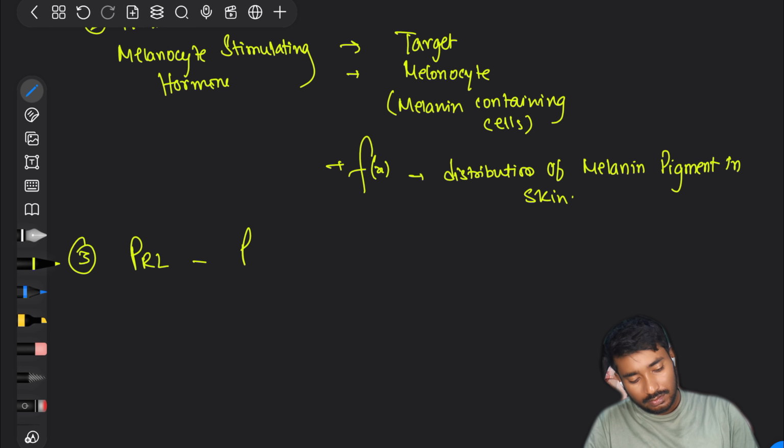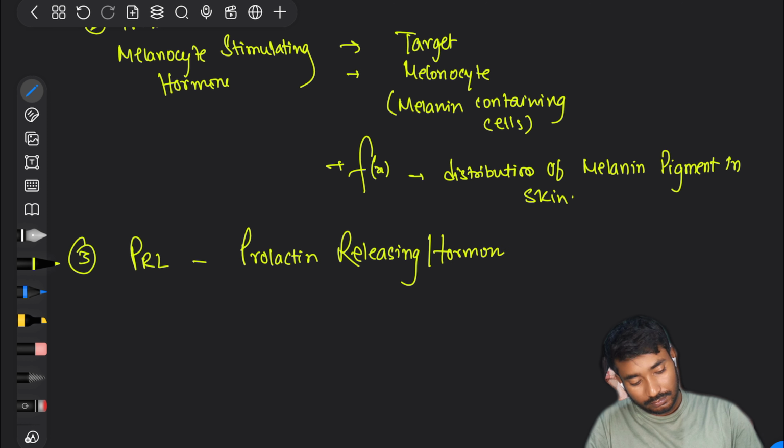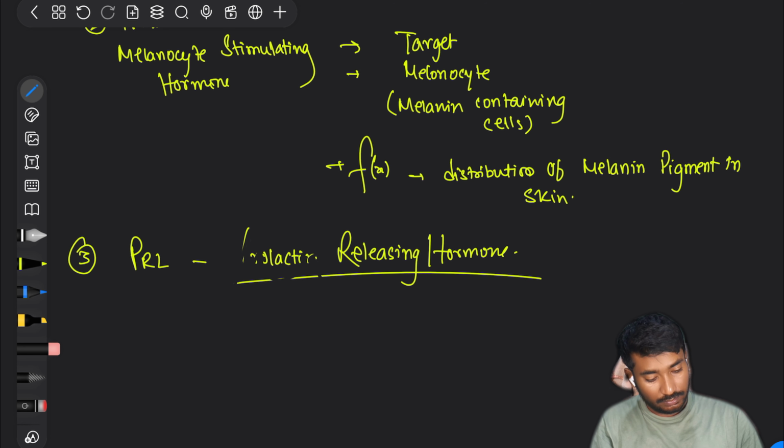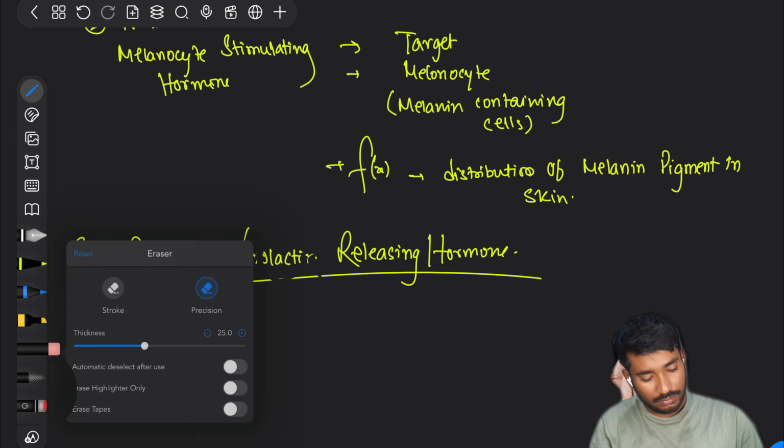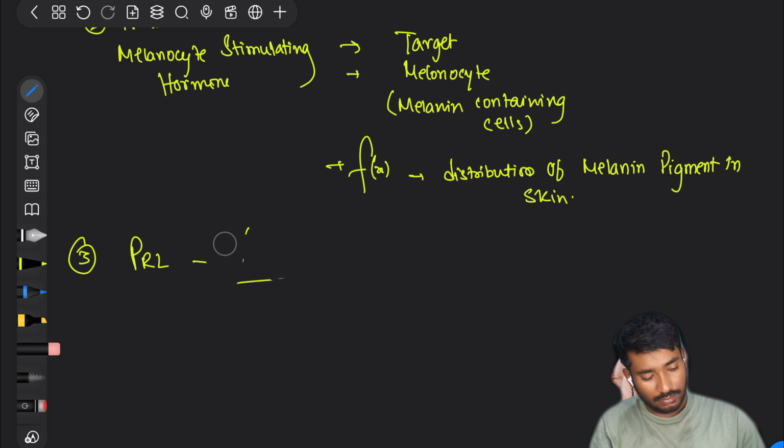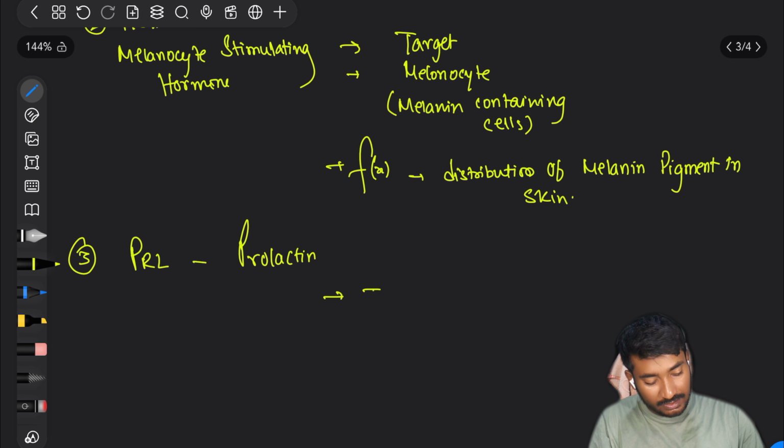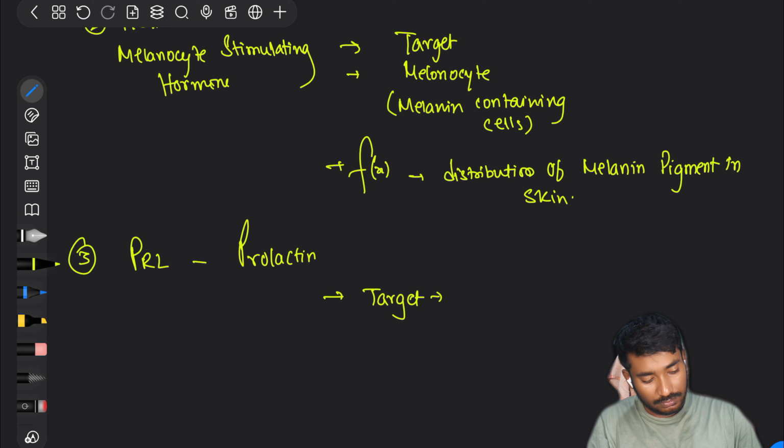The third, PRL, prolactin. Okay, note. PRL is called prolactin. Acts on target mammary glands.